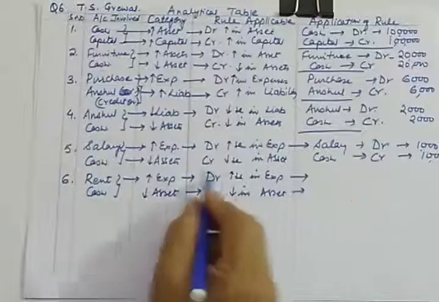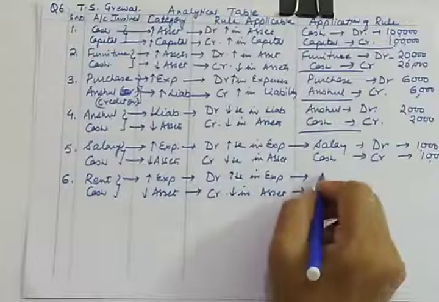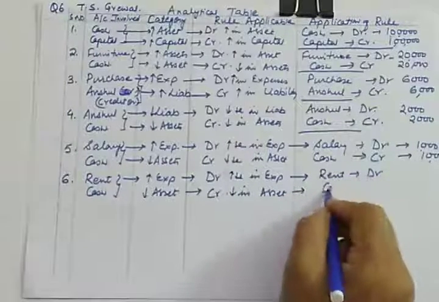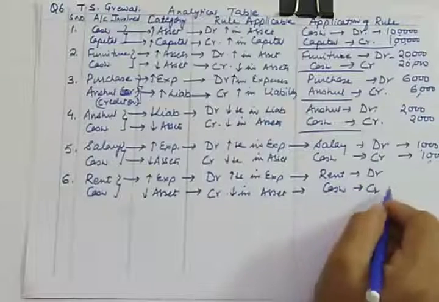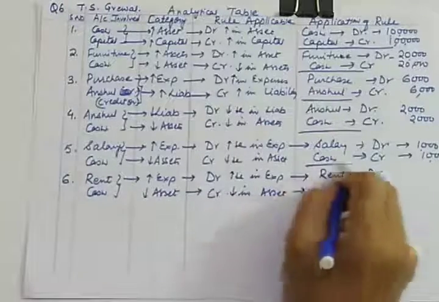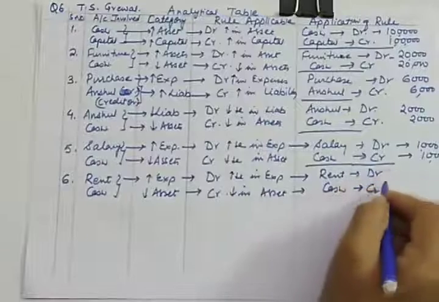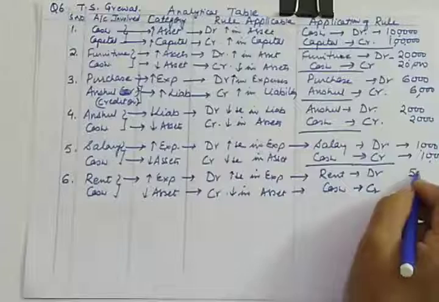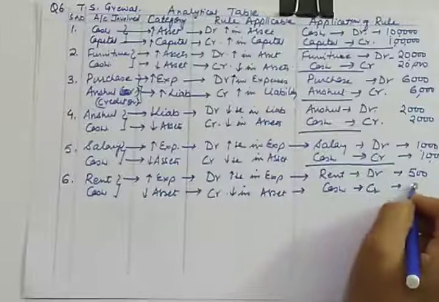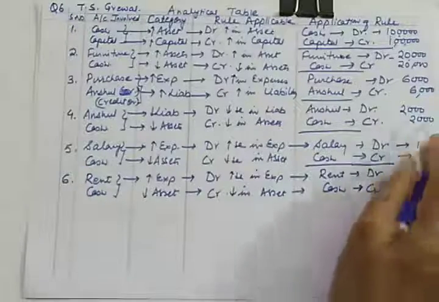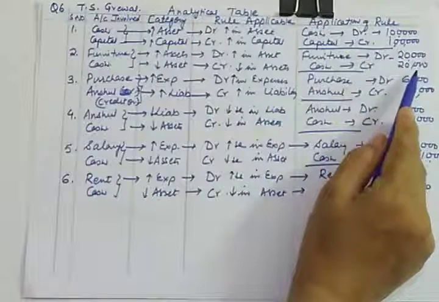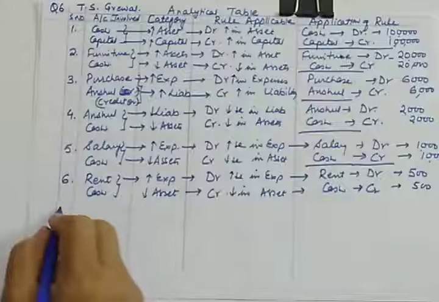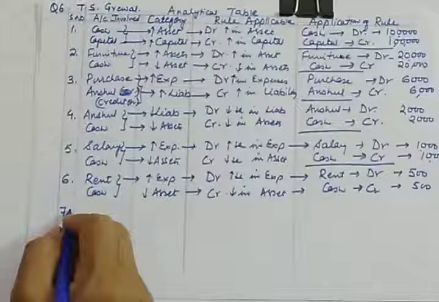And now while connecting this with this, rent is to be debited and cash is to be credited. Now let us see the amounts. Amount of rent is 500. See, if you observe, debit amount is equal to credit amount in each and every transaction. Otherwise, you are not fulfilling double entry system.